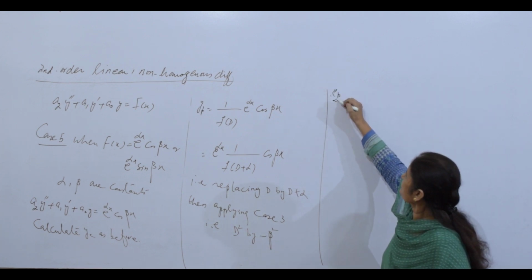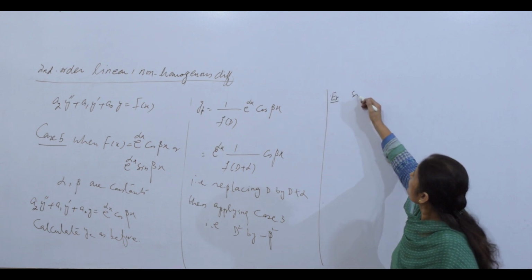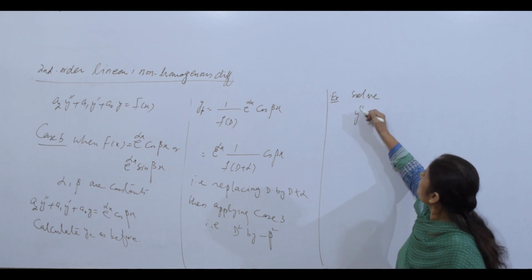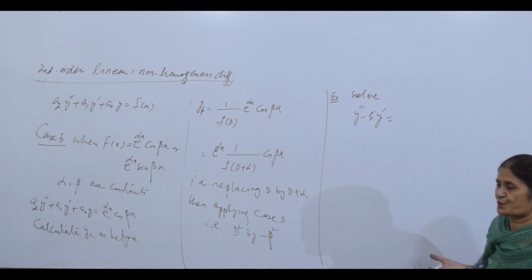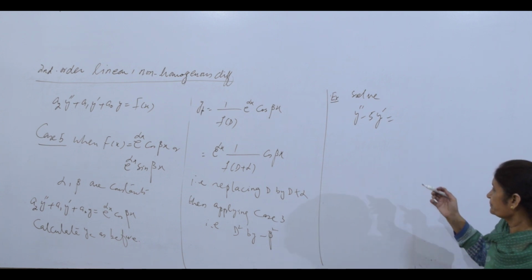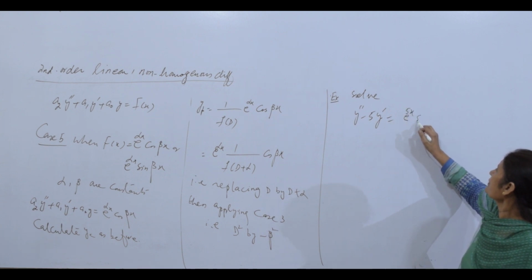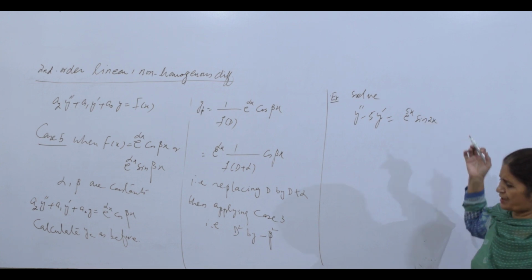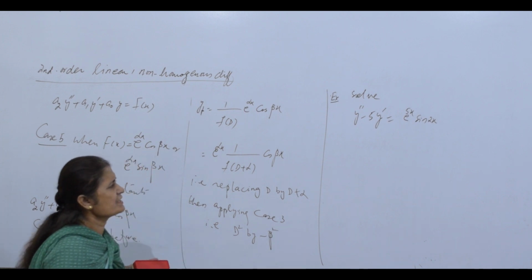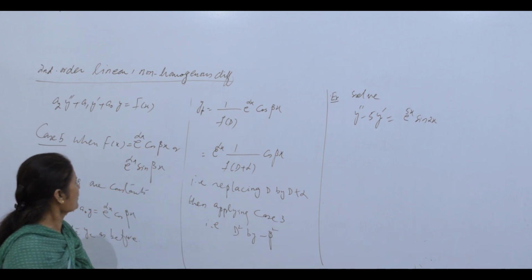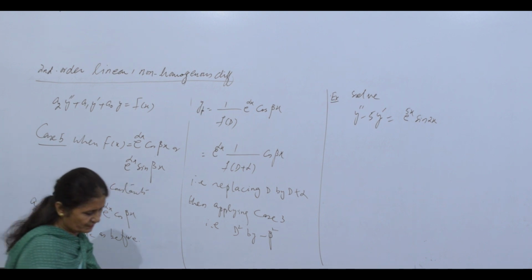Example: solve the same, y'' minus 5y' equal to e^(5x) sin 2x. Generally I have written it myself, and we'll see how to proceed, because we are talking about case 5, when two continuous functions are multiplied together, e^(αx) and something like that.